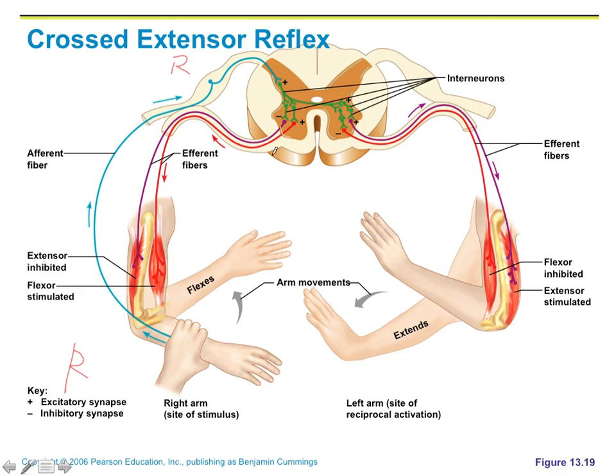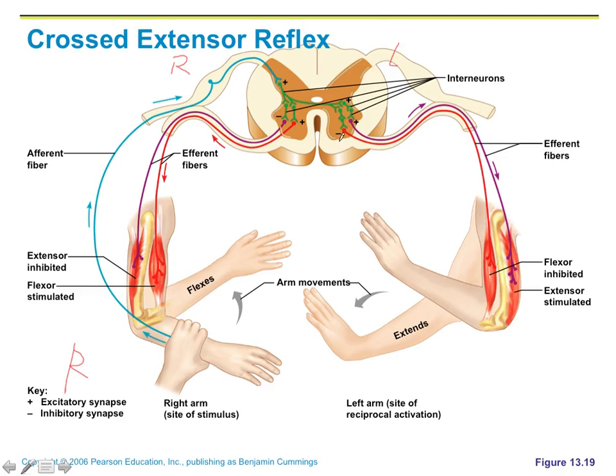Okay, and then the integration center will send other fibers to synapse with motor neurons in the left side of the spinal cord, the left side anterior horn.